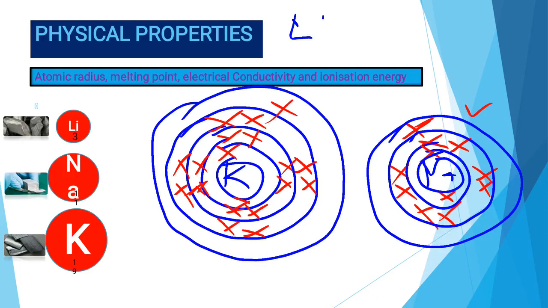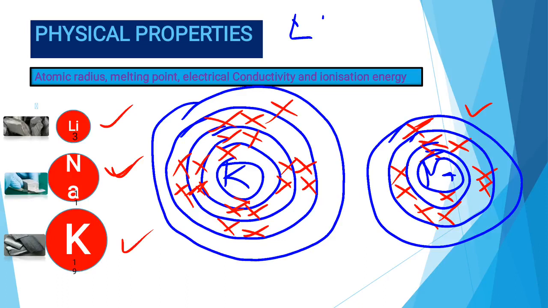We look at the melting point. Lithium has the highest melting point and boiling point. That is followed by sodium, and then finally potassium has comparatively the least melting point.